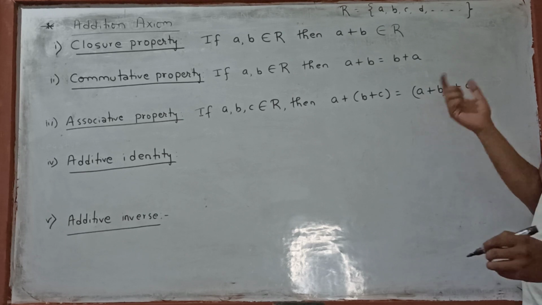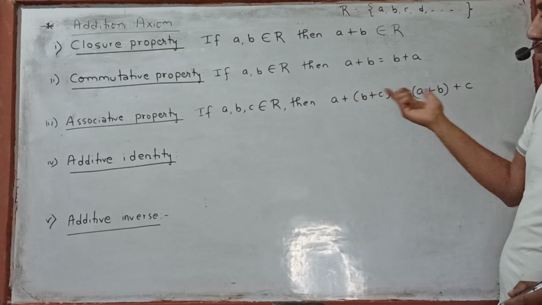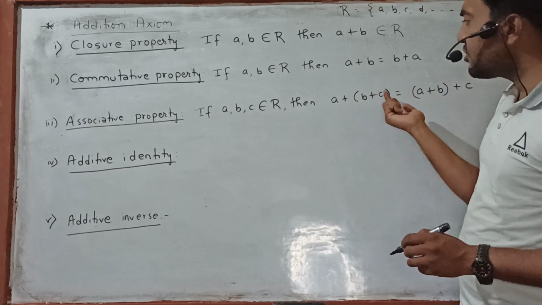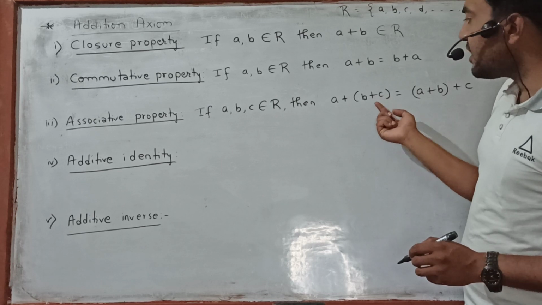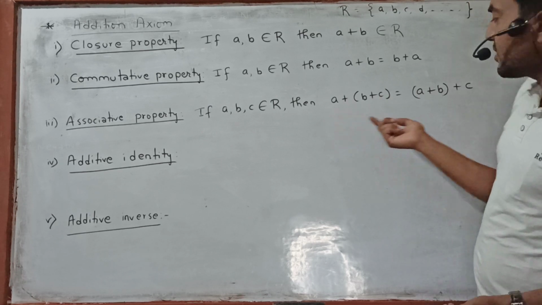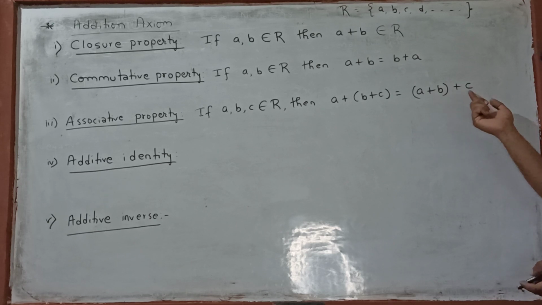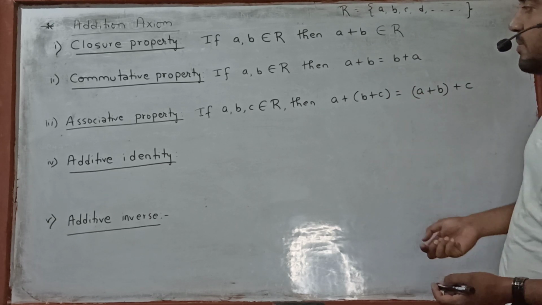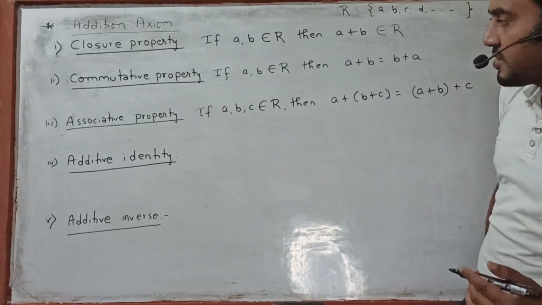You can calculate it by taking some values of a, b, c. Suppose a is 1, b is 2, and c is 3. So 2 plus 3 is 5, 5 plus 1 is 6. Here 1 plus 2 is 3, 3 plus 3 is 6. You will get the same result. So this property gives the associativity of the real numbers.